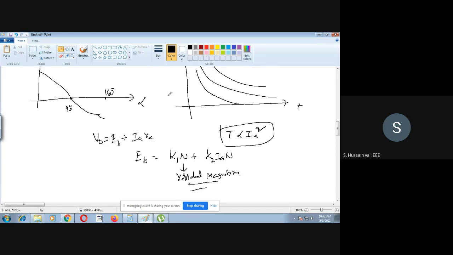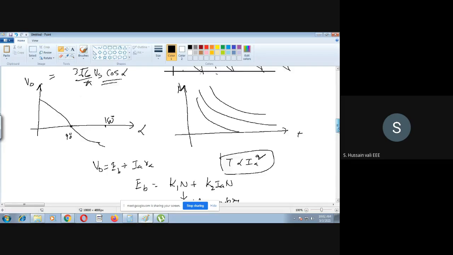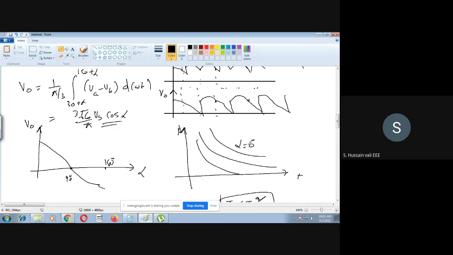So using all these, you will get this graph, alpha equal to 0 and so on. Okay. So now, okay.